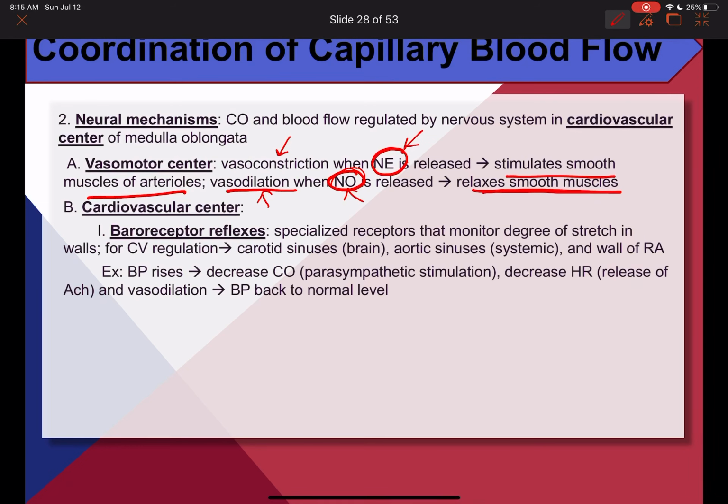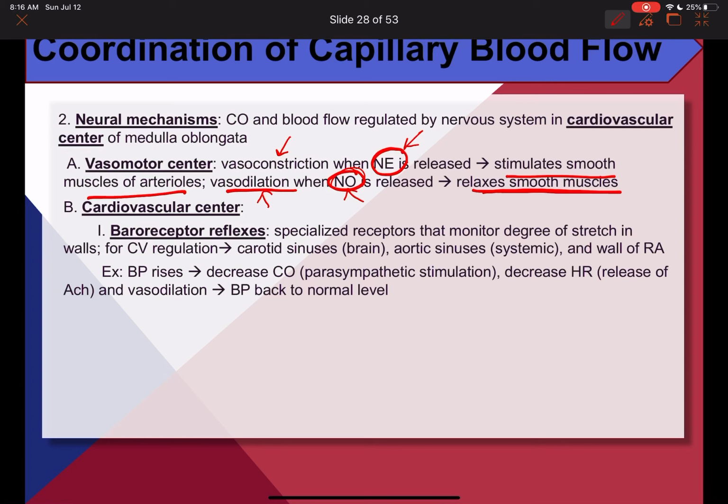The cardiovascular center of the neural mechanism will respond to either baroreceptor reflexes or chemoreceptor reflexes that we talked about last semester. Baroreceptor reflexes will be triggered when those baroreceptors are activated due to a higher degree of stretch within, for example, your heart walls.